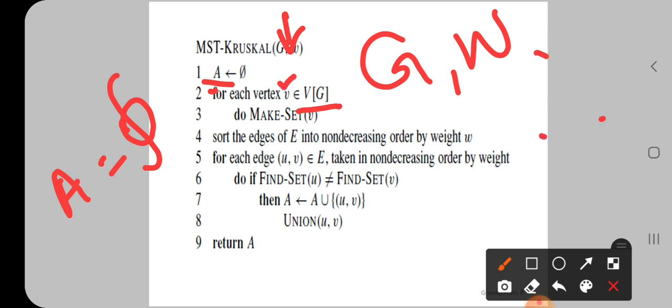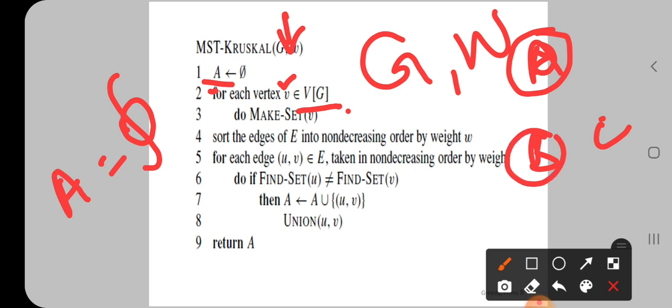If there are three vertices A, B, C, we consider each one. And we perform a make-set operation. That is, we create individual vertex sets.